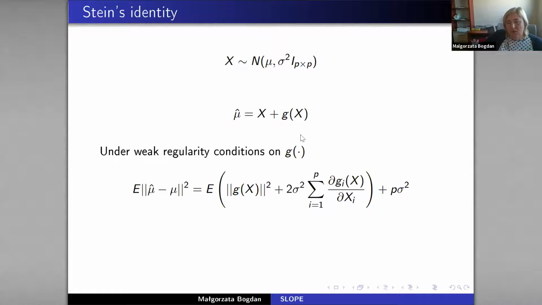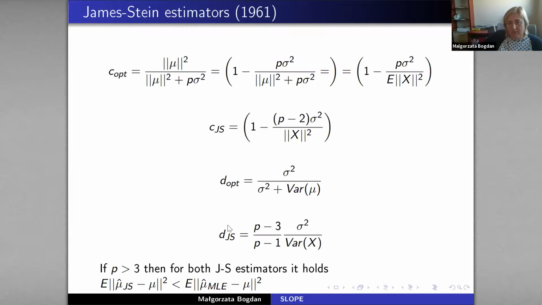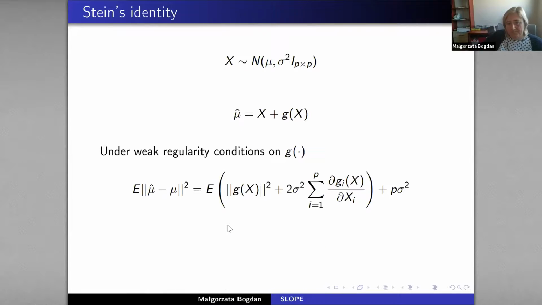So g of x has to be differentiable, as you can see, so I need to differentiate it over all coordinates. There are some additional but very mild assumptions on g of x. Under these assumptions, you can calculate the risk using this formula, which you can see below. This is not difficult, and if you use this formula, you can actually prove the James-Stein inequality.